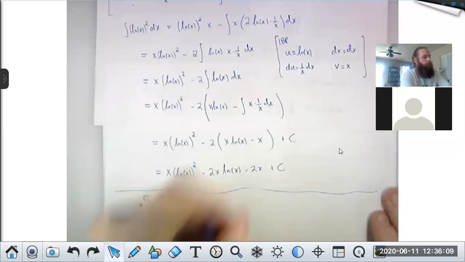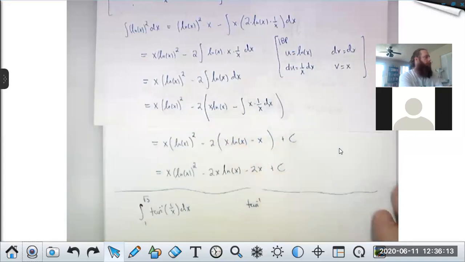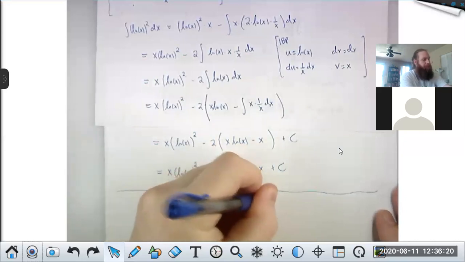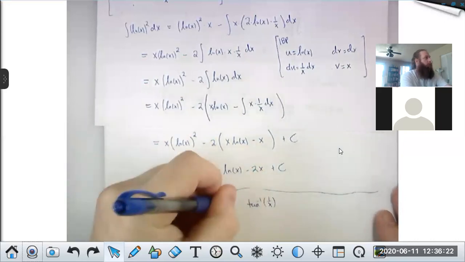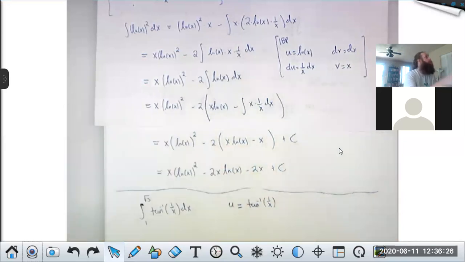Well, tan inverse on its own doesn't mean anything. Tan inverse of something. So tan inverse of 1 over x, that's what we're going to pick for our u. And then we have dv equals dx.